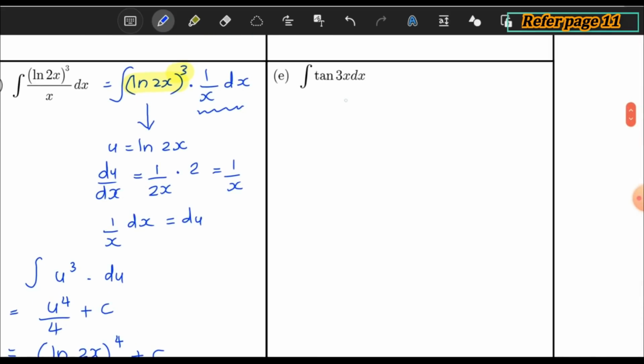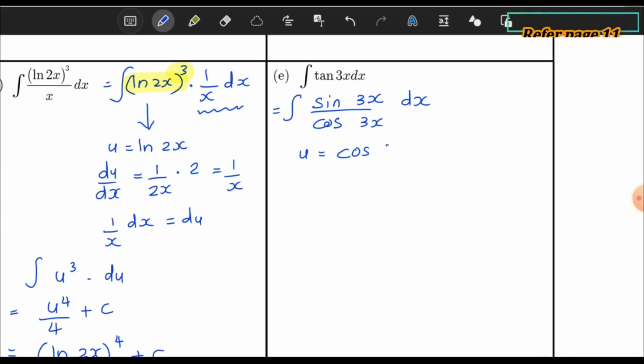And the last one, part E. Integrate tangent 3x dx can be written as integrate sine 3x over cos 3x dx. Okay, and we will use the denominator as u. u equal to cos 3x. Du dx equal to negative 3 sine 3x.